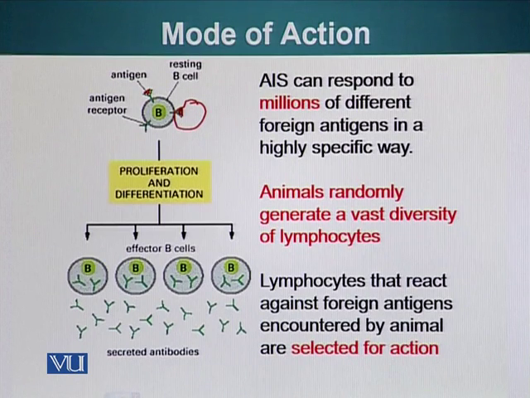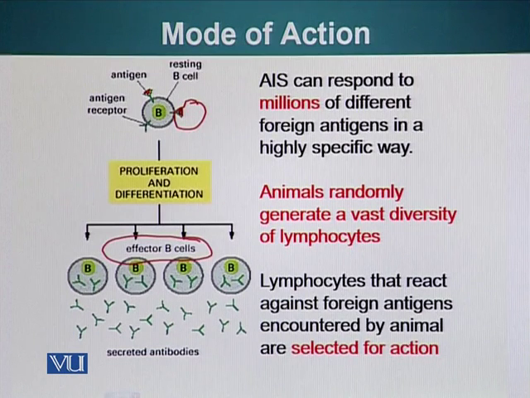Remember I told you mature B cells are called effector B cells. These B cells have a significant amount of endoplasmic reticulum, and their function is to secrete antibodies. Effector B cells are short-lived. These B cells which have become activated will produce their antibodies and they will die after a couple of days.